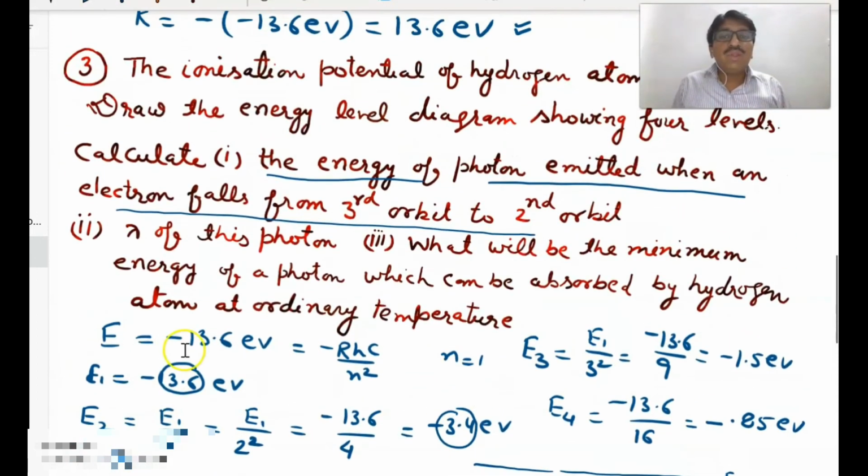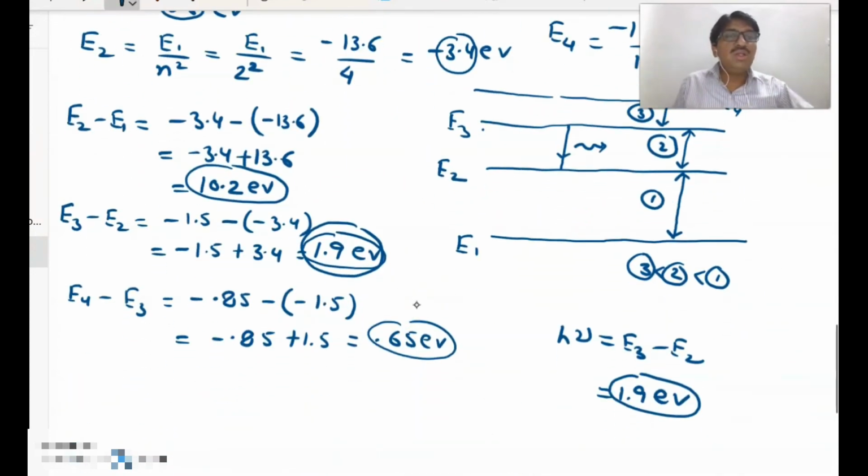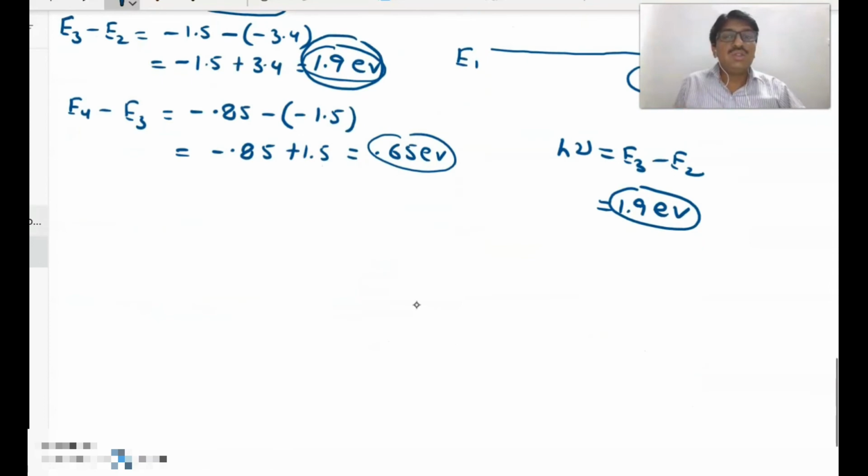And second, we have to determine the wavelength of the photon emitted during the transition of the atom from third to second. That is h nu, or we can write h c upon lambda, that should be equal to 1.9 electron volt, or lambda equal to h c upon 1.9.